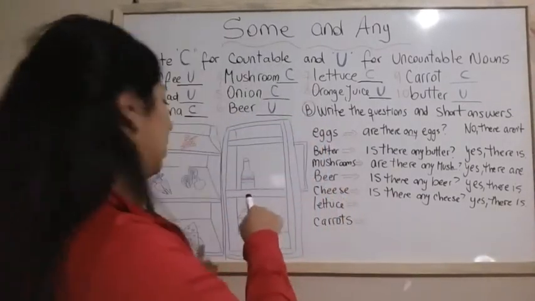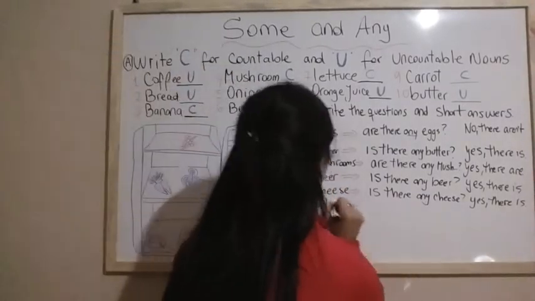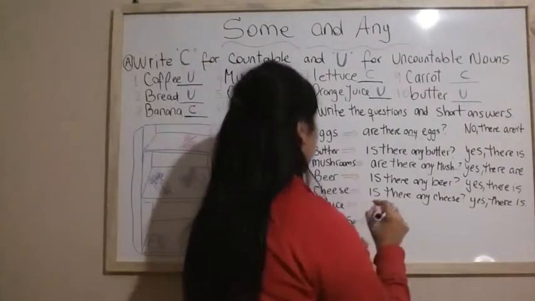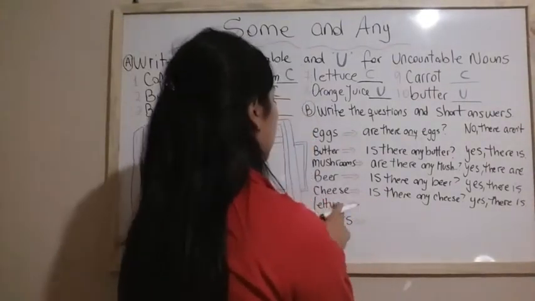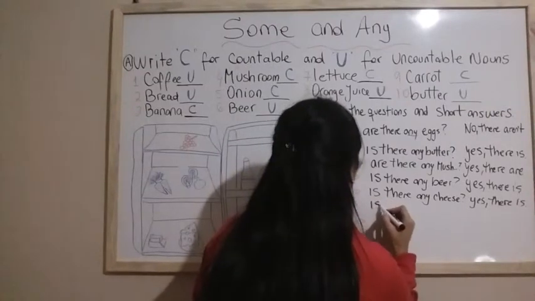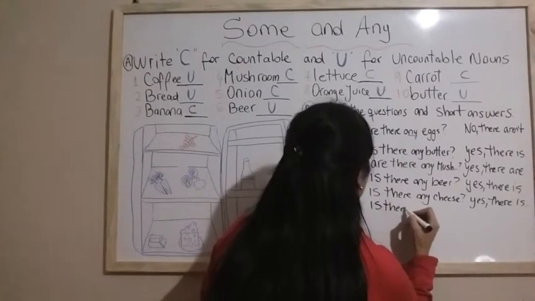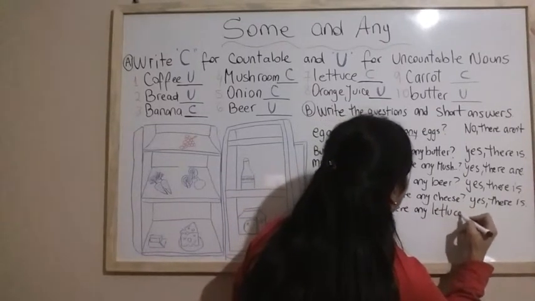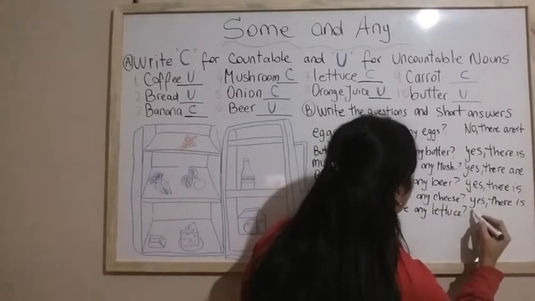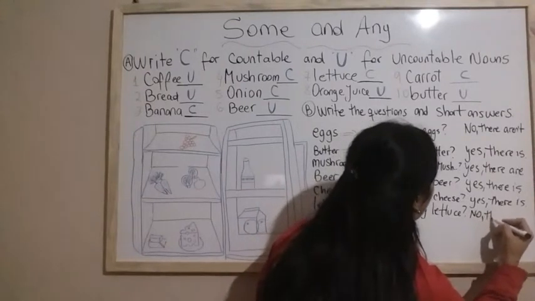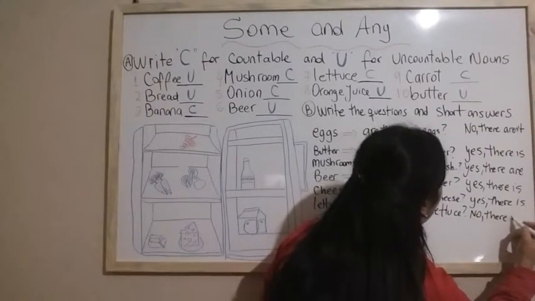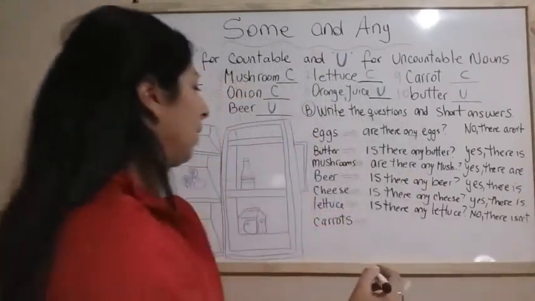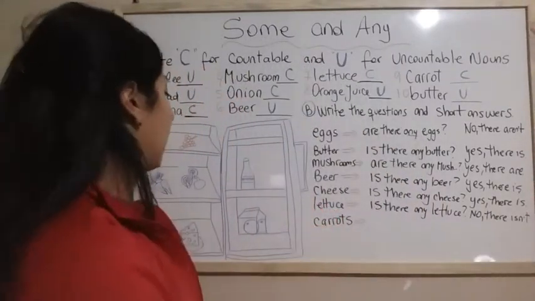We don't have lettuce. So, lettuce is a countable noun, but it is in singular. Is there any lettuce? No, there isn't.